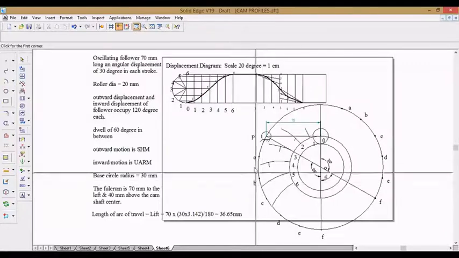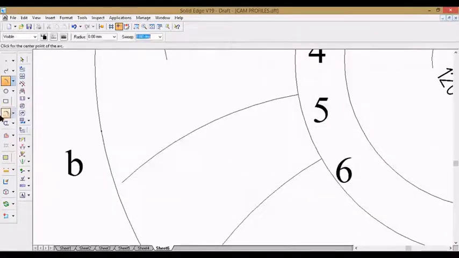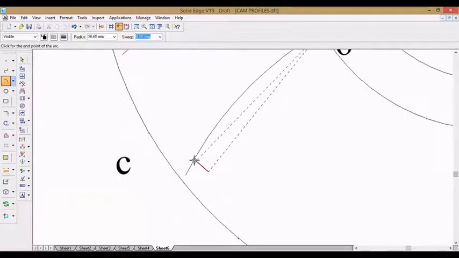So 34.19 you need to take from 5 to 5 dash. And we know what 6 to 6 dash is, that is 36.65, the lift of the follower, 36.65. Cut an arc.